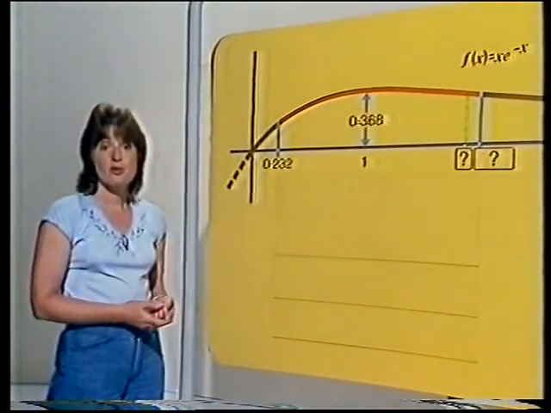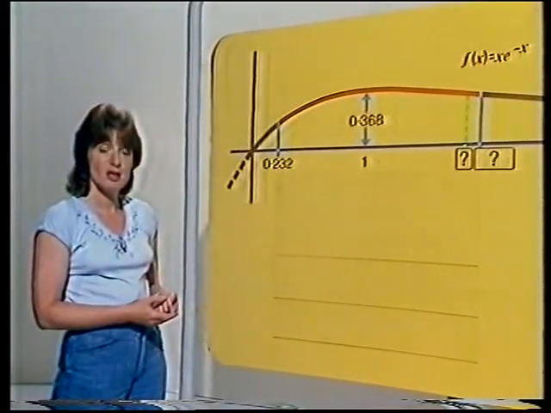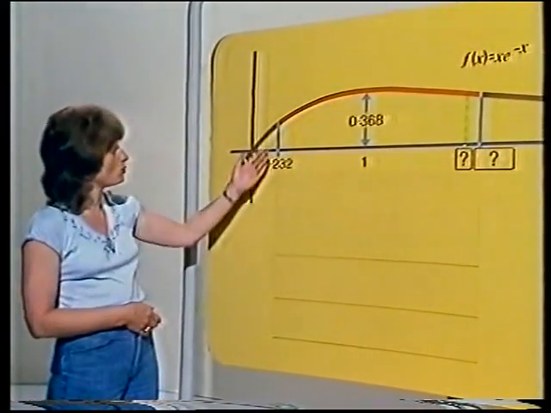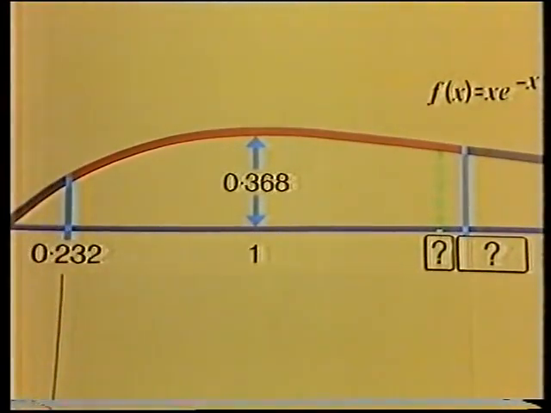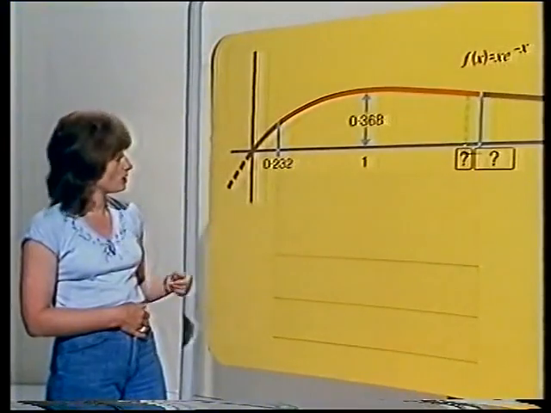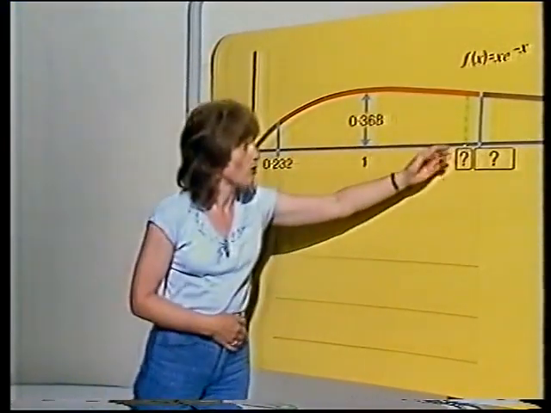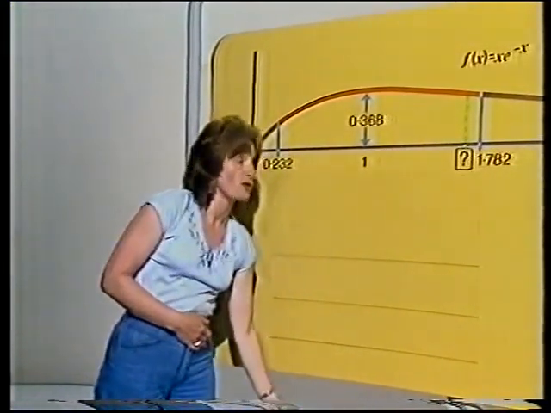And interpreting that on the graph means that 1 unit is 10 centimetres. A height of 15.5 centimetres corresponds to 1.55 units along from this point. So this is 0.232 plus 1.55, which gives us 1.782.